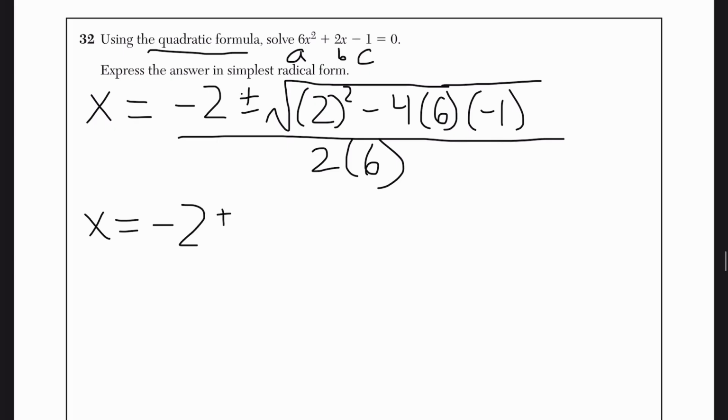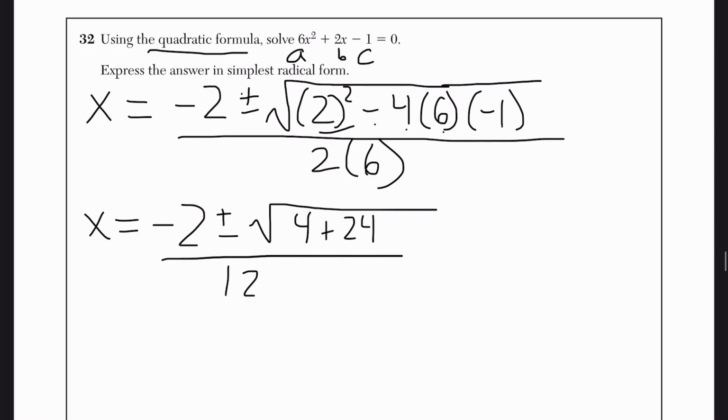Obviously now we have to do some work and simplify. So 2 squared will make 4. -4 times 6 times a -1 will make +24, so it would be 4 plus 24 all over 12, which would be equal to -2 plus or minus square root of 28 over 12.